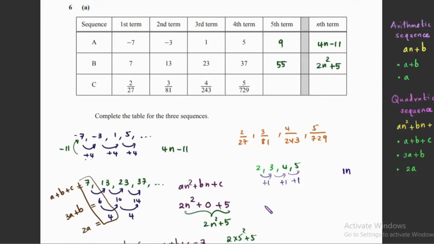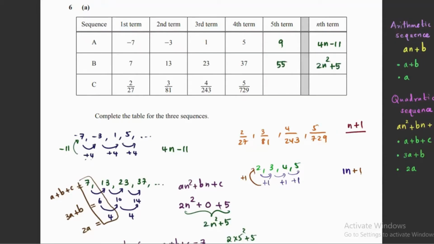Then the next thing is, from this one, I need to see how I can get to this 2 here. So I need to add another 1 to that. So this n plus 1 is the nth term for the numerator. I'm going to write that here on top, which is n plus 1. The nth term for the numerator is done.